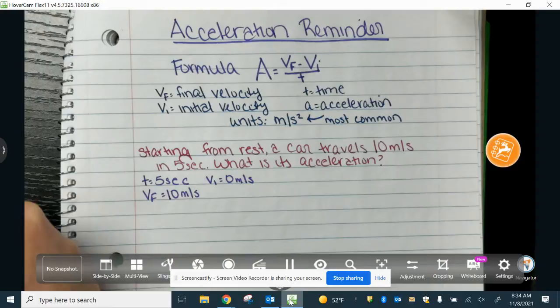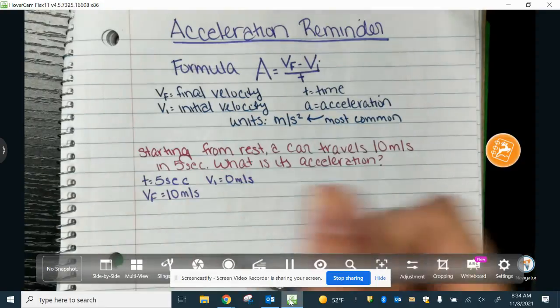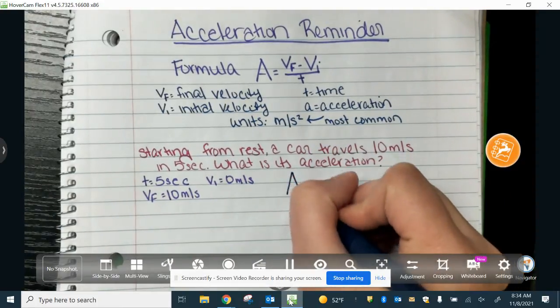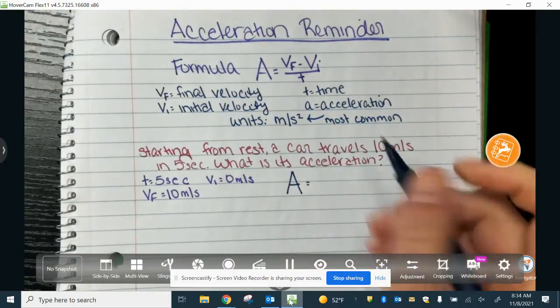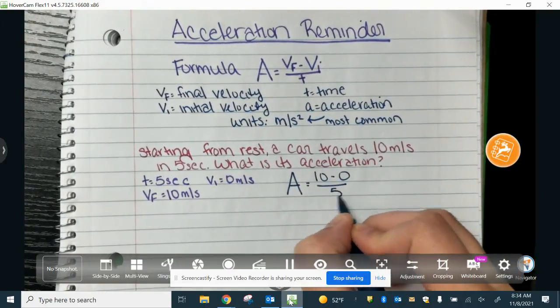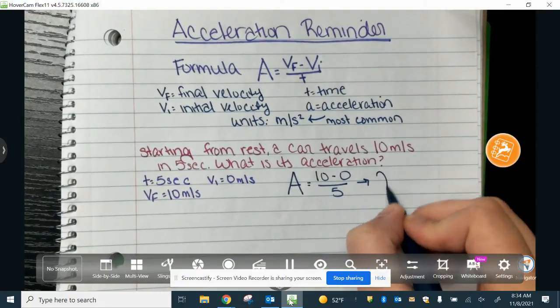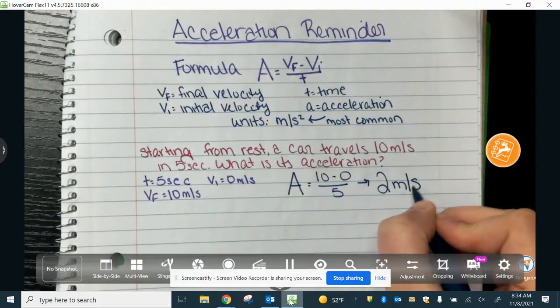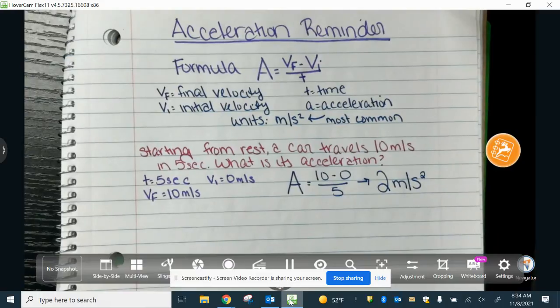We want its acceleration. So it should give you 2 meters per second squared.